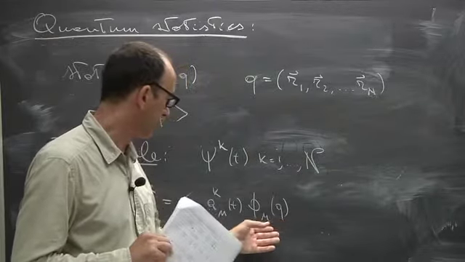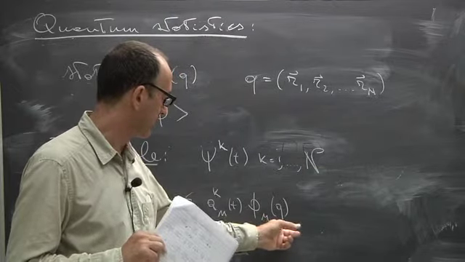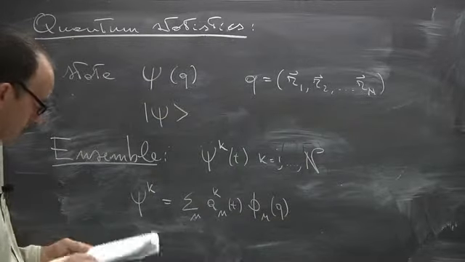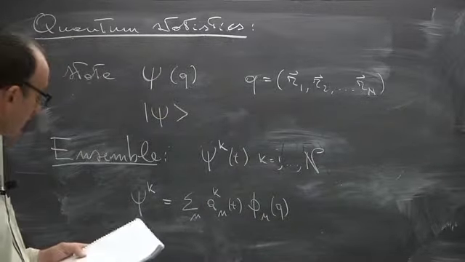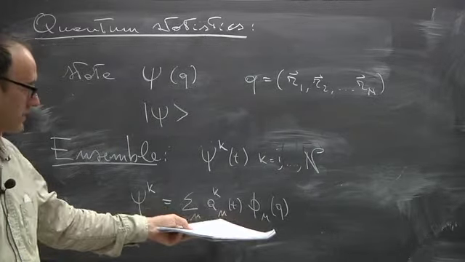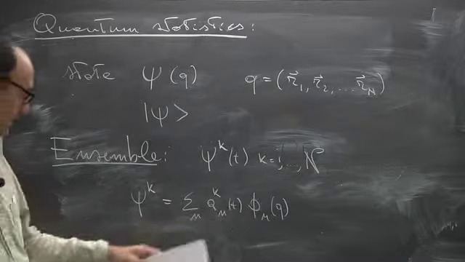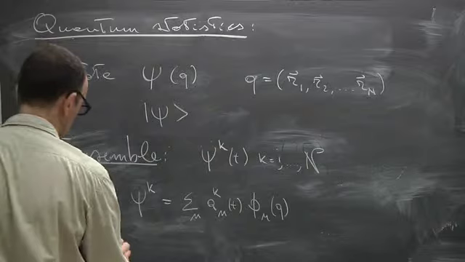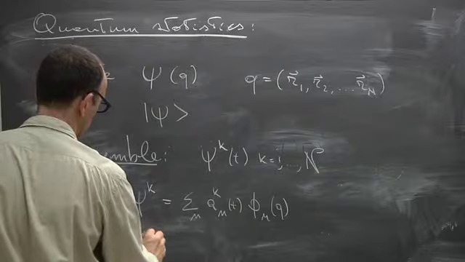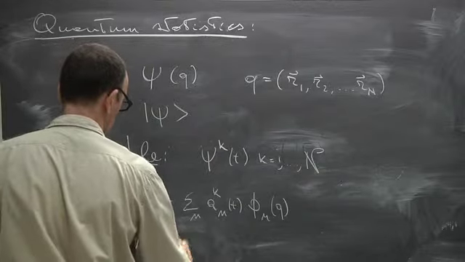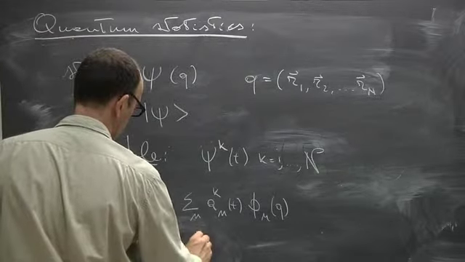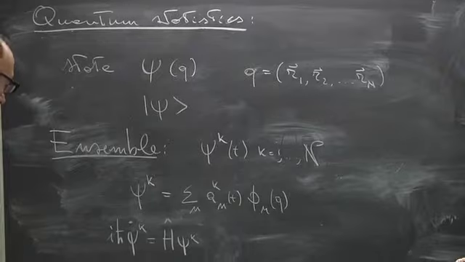Well, in general, there will be a set of orthonormal bases which describes my Hilbert space. And of course, the time evolution of these coefficients will be given by the Schrödinger equation, since each state will evolve with the same Hamiltonian, H.